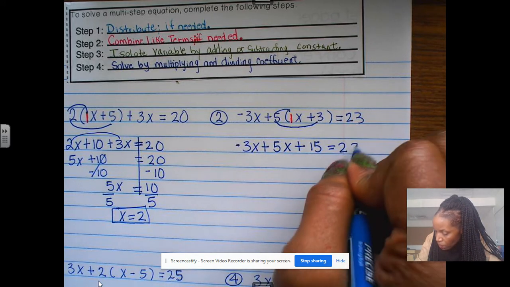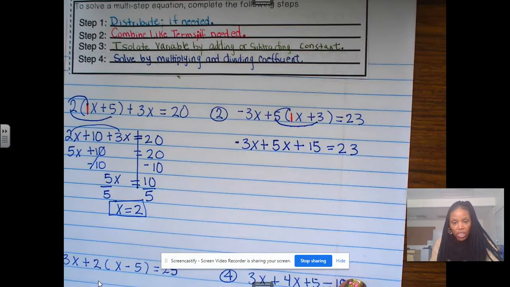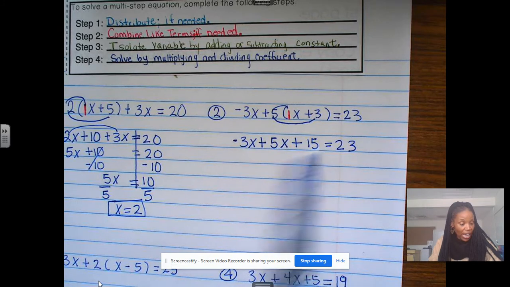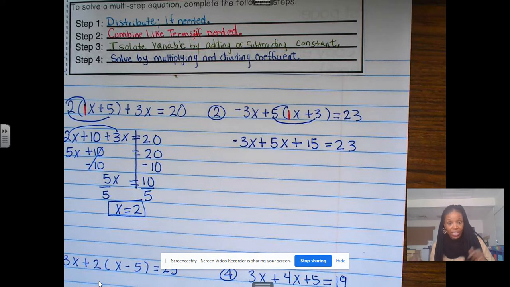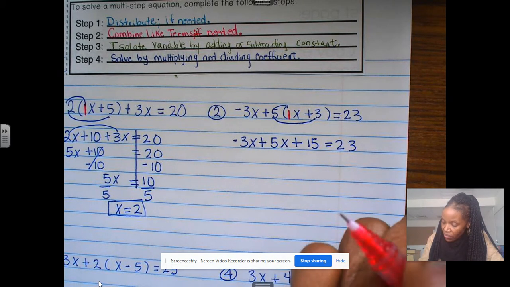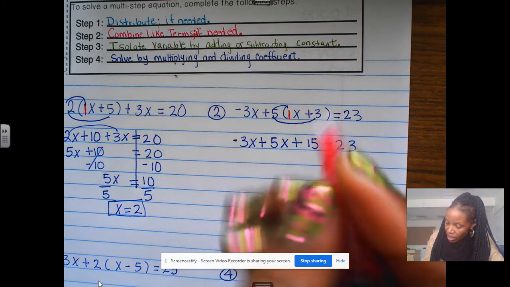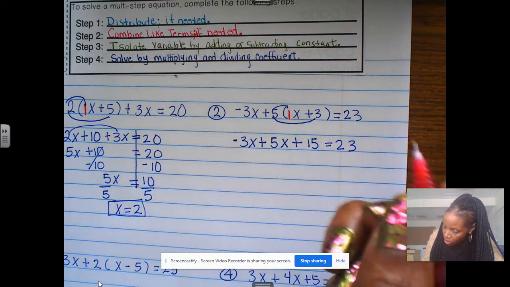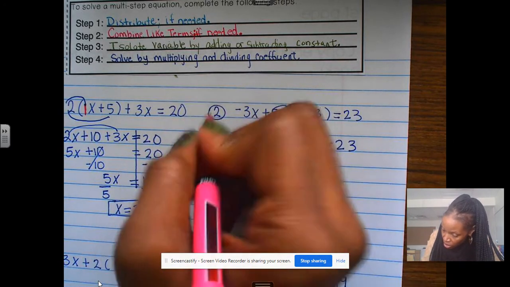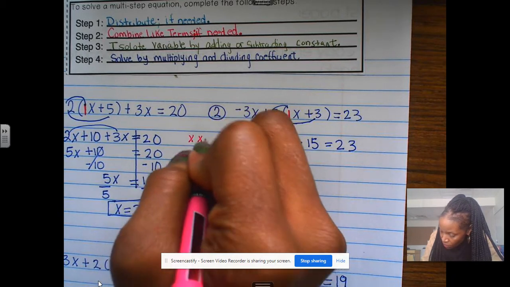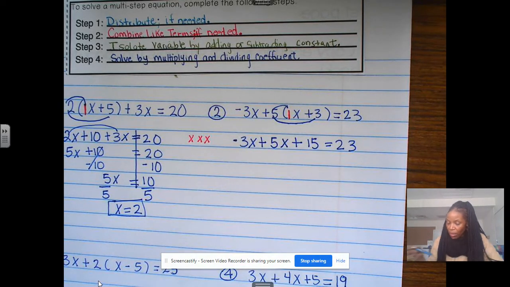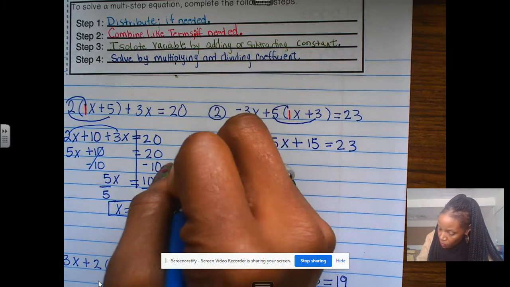equals 23. Now, if you look here, this is going to be a little bit different. I have x's, right? But I have 3 negative x's and then 5 positive x's. So I'm going to do my 3 negative x's like this, off to the side right over here. And then I'm going to do my 5 positives right below it.